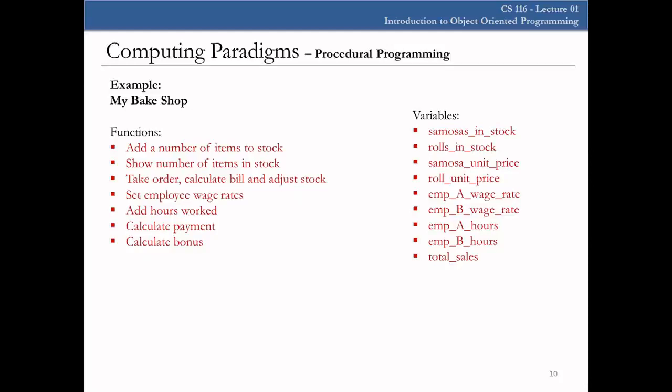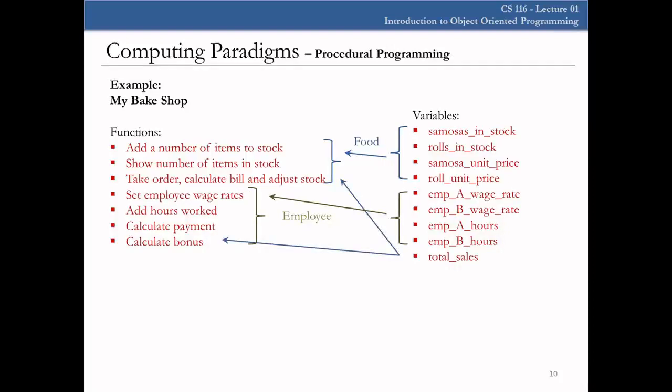Up till now, as I just said, the first 3 functions and first 4 variables are related to one object, which is called food. The next ones are related to employee, and they are not that much interrelated up till now. But the last variable, total sales, is dependent on more than one function, because this variable will be calculated by the functions take order, calculate bill, and adjust stocks.